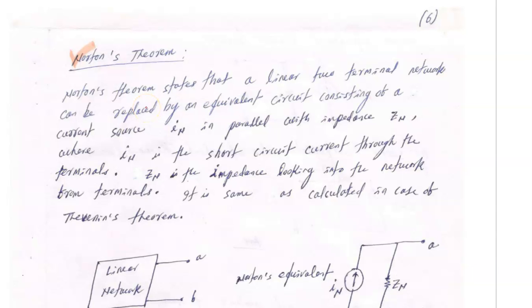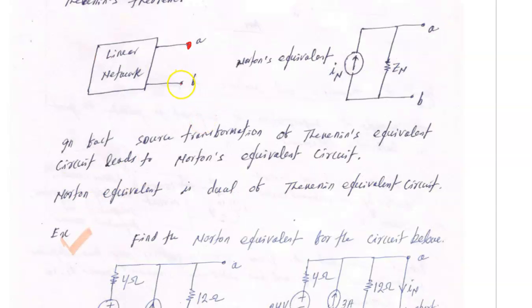You must have a linear network, as I have mentioned. Then you want to apply Norton's theorem at the terminals A and B. Make it short, measure the current, see the orientation of the current, and measure the short circuit current. That is your Norton current.